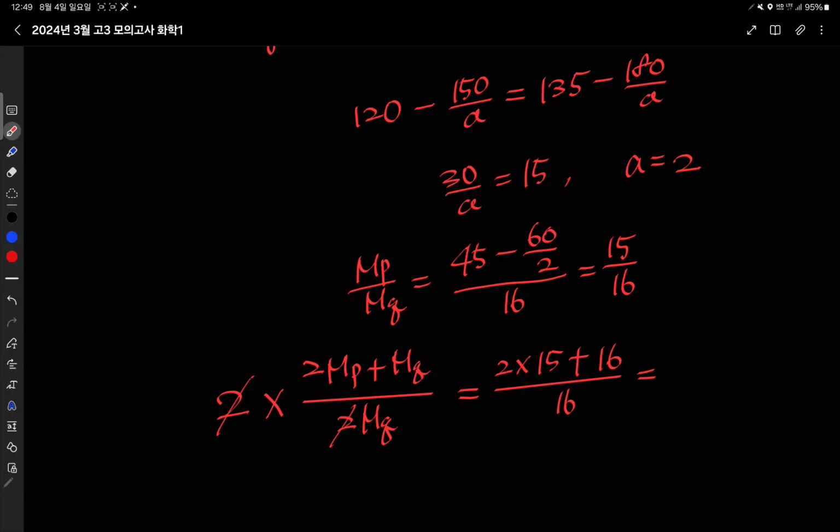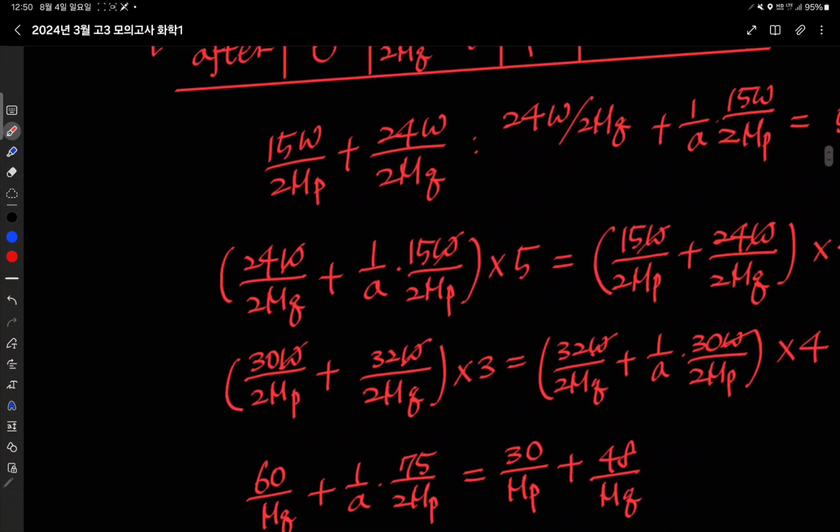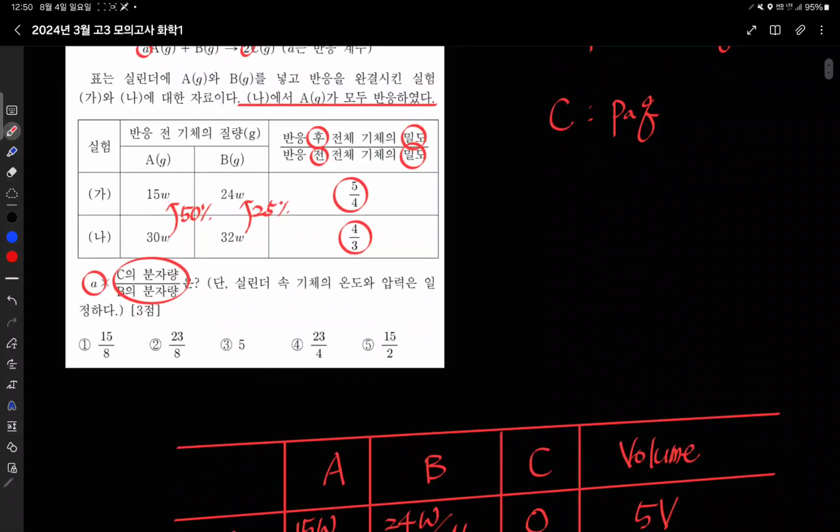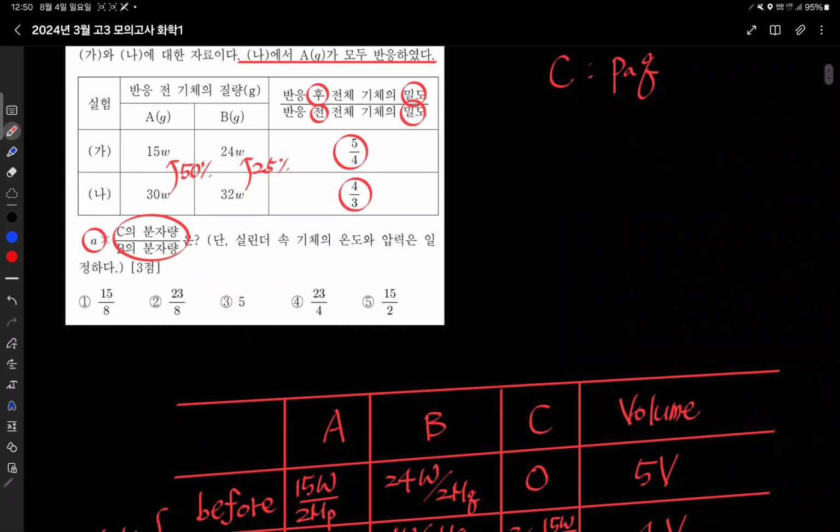So the value is 46 over 16, and simplified, that's equal to 23 over 8. So the right answer is choice 2.